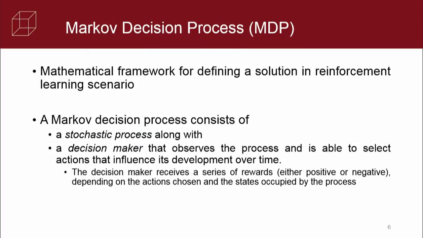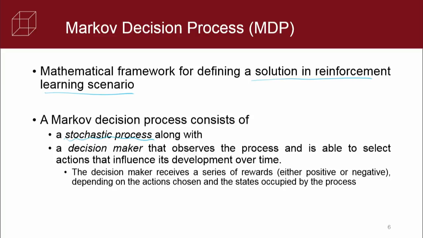All right, so we now discuss the Markov decision process, which is the mathematical framework for defining a solution in the reinforcement learning scenario. The Markov decision process is defined as a stochastic process along with a decision maker that observes the process and is able to select actions that influence the development of the process over time.